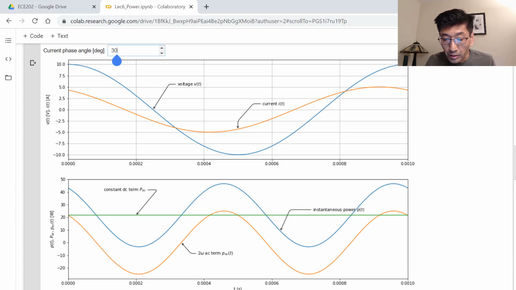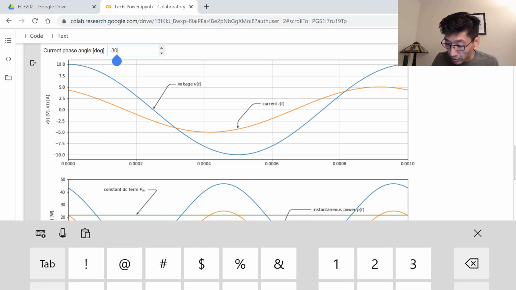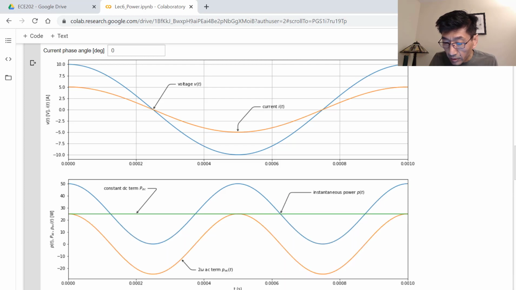So that's at 30 degrees. If I change that to 0, I believe that will make them in phase. Yes, so if I change it to 0, you see they cross at the same points, right? So this is the resistance case. Then you have a DC term.